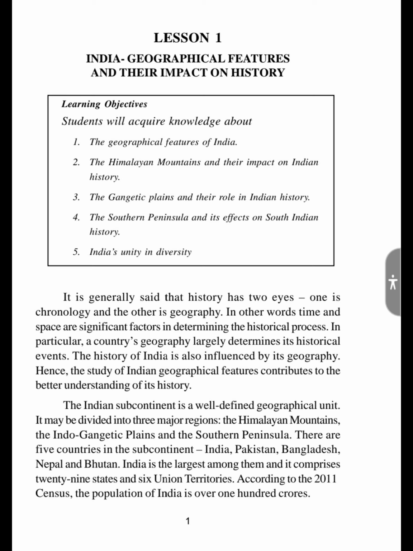India is the largest among them and it comprises 28 states and 6 union territories. According to the 2001 census, the population of India is over 100 crore.